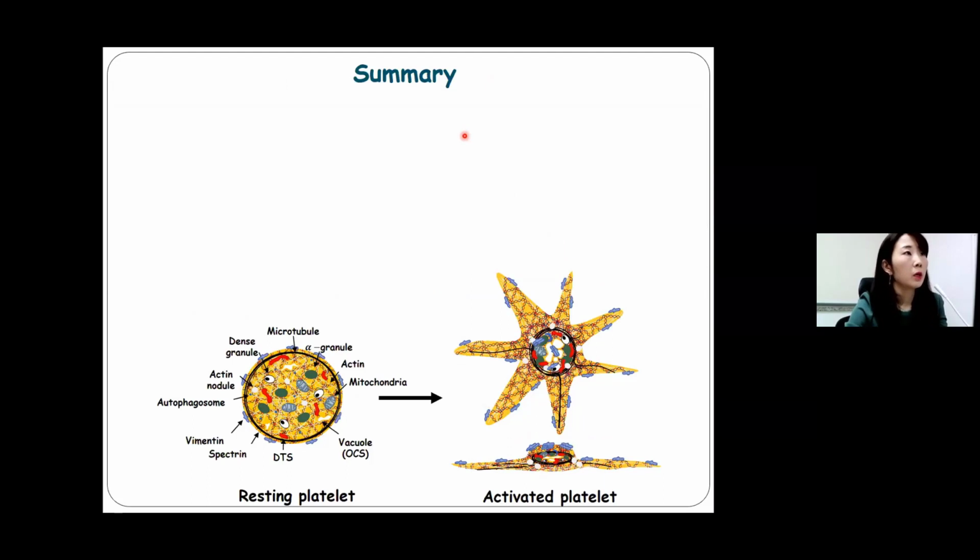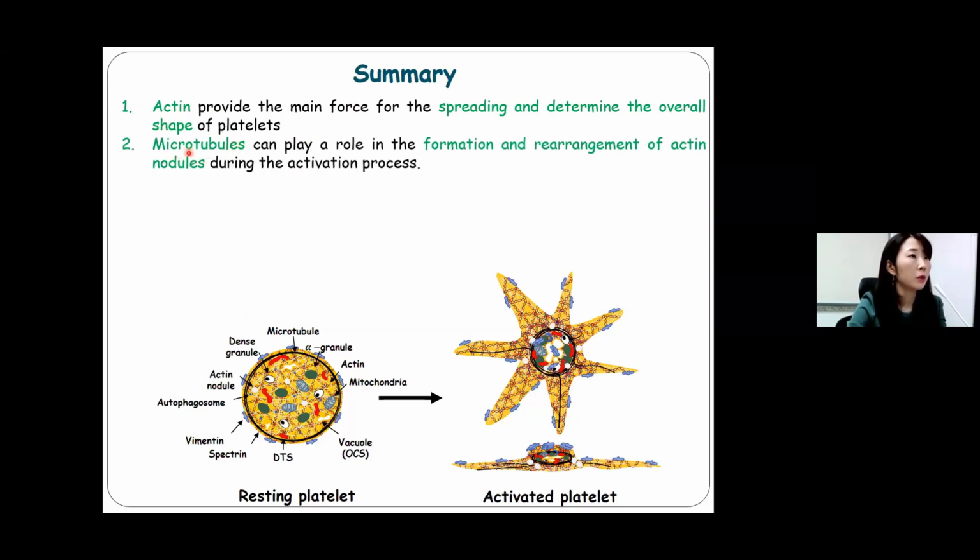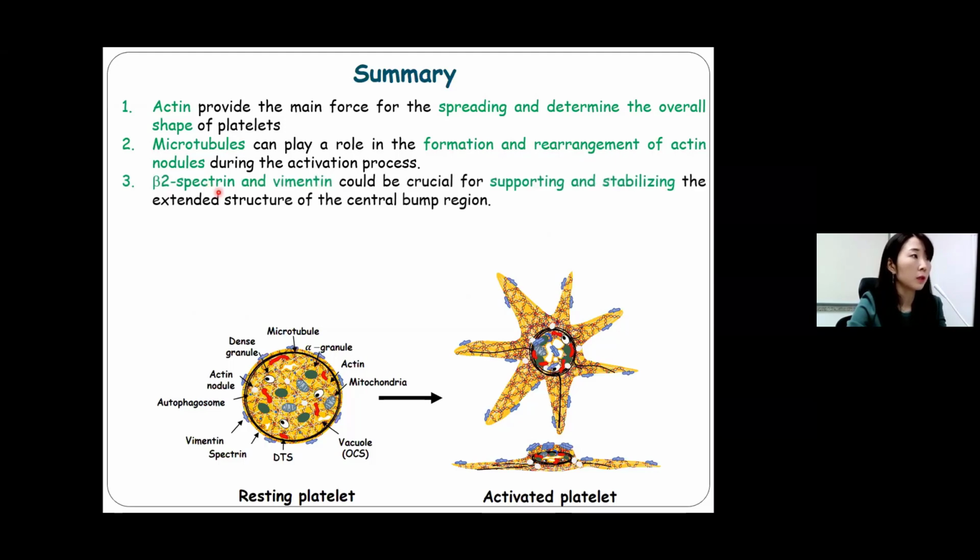So in summary of this part, we found from the STORM image that actin can provide a main force for the spreading, and it can determine the overall shape of the platelet. And we also found that microtubule can play a role in the formation and rearrangement of the actin nodule in this process.